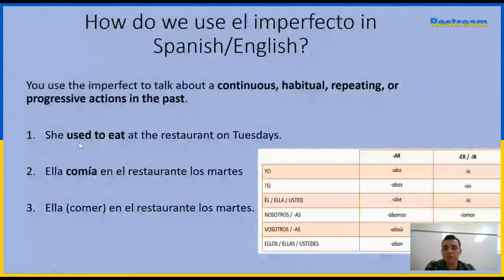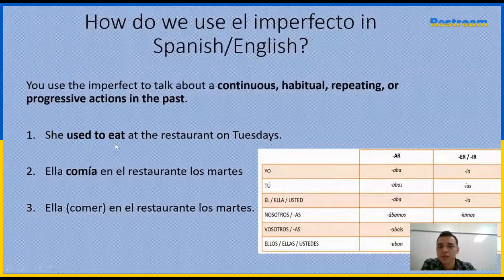It says she used to eat at the restaurant on Tuesdays. What is the action in the sentence? We know she used to go to the restaurant on Tuesdays, but what does she do at the restaurant? She would eat. So that is your action and that is your verb. But there's another word in the sentence that indicates that this action happened in the past, and that word is used.